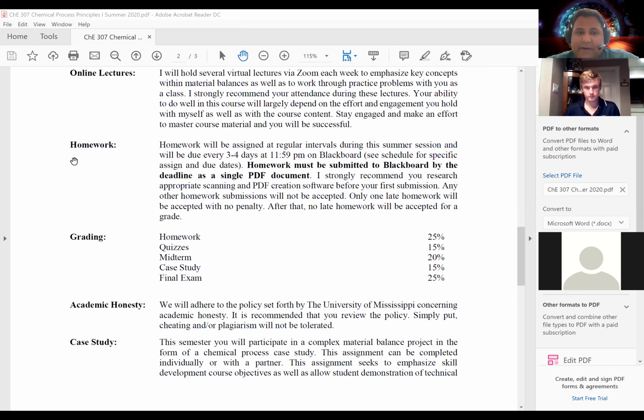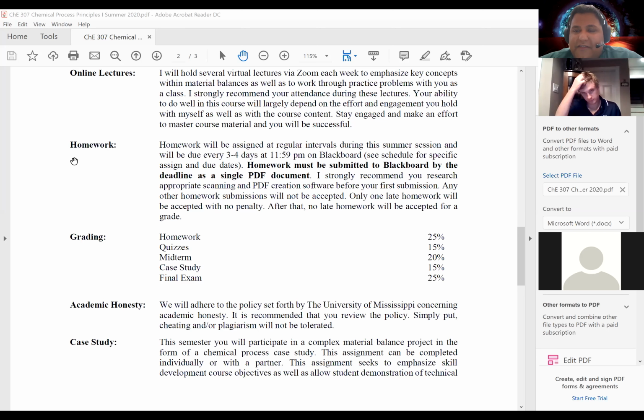Everything's going to be due in Blackboard. Since I know some of you have work obligations, I had originally thought about having things due at 5, but I don't think that really works for people that work, so I'm pushing everything. It'll be due at midnight, with an 11:59 cutoff.